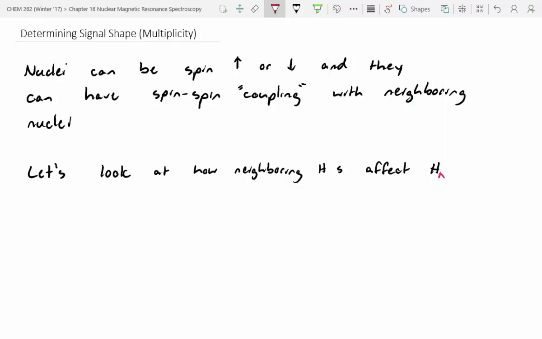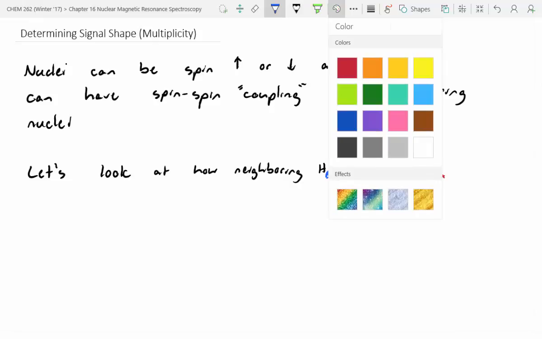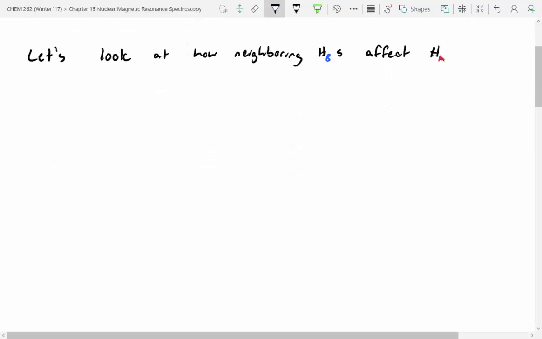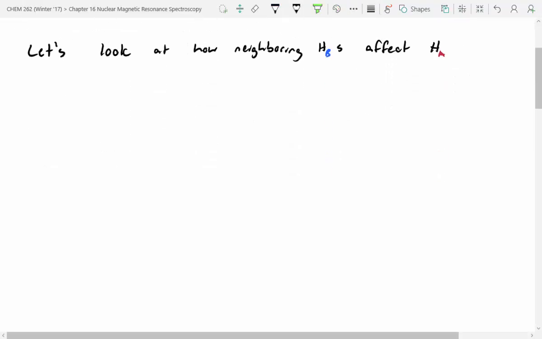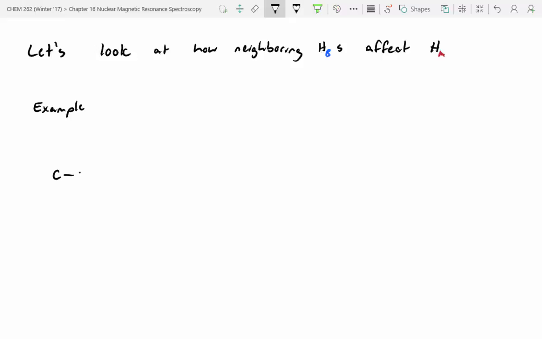I'm going to say HA is red and HB is blue. And let's come up with a nice list to show how they affect one another. So let's say we've got a carbon-carbon bond and we've got HA coming off one of the carbons and HB coming off the other. So I've got HA on the left and I've got HB on the right.